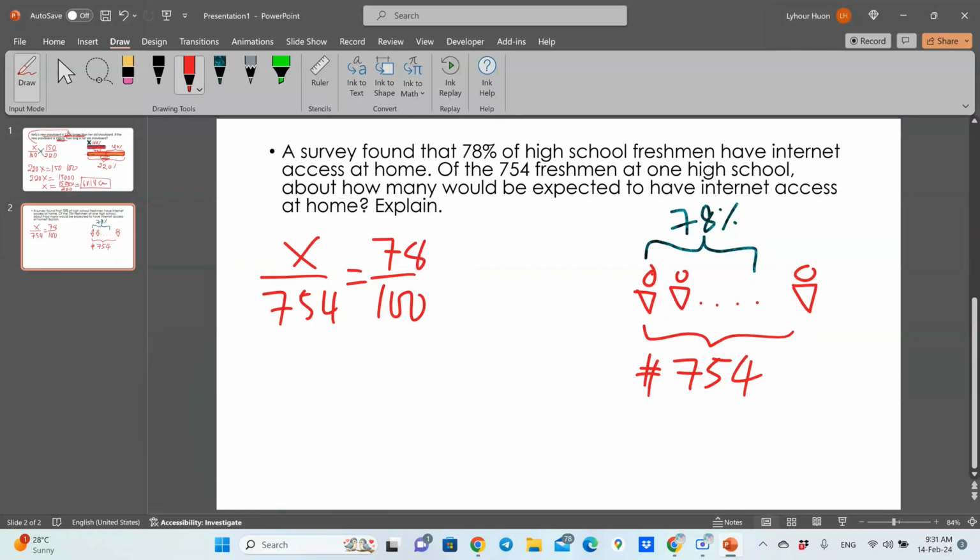But first, in order to write in a proper way, for example in your worksheet, you have to denote what x is. We cannot just jump into x.